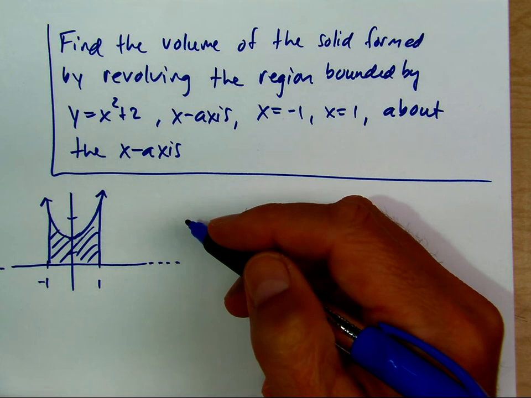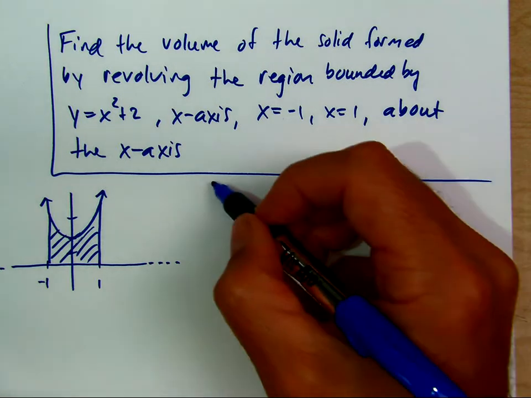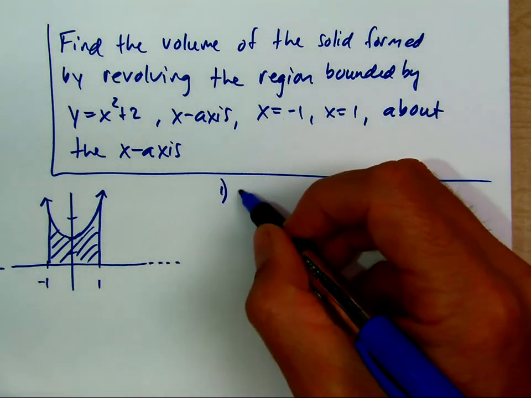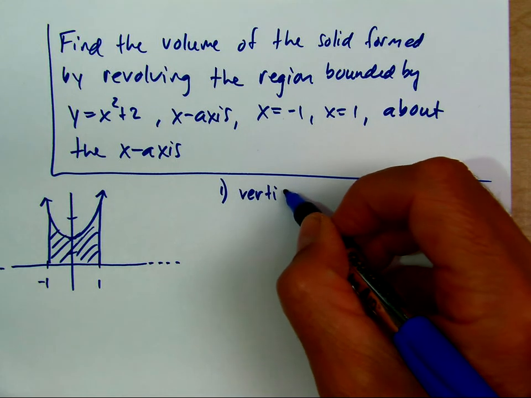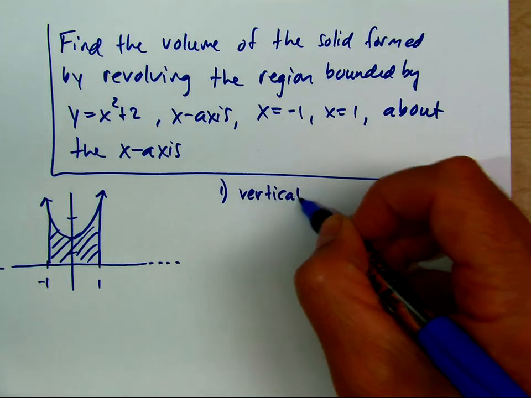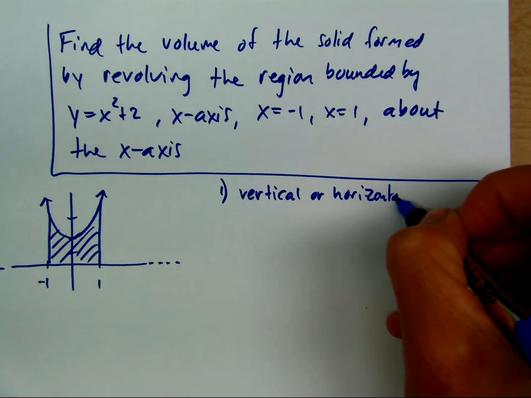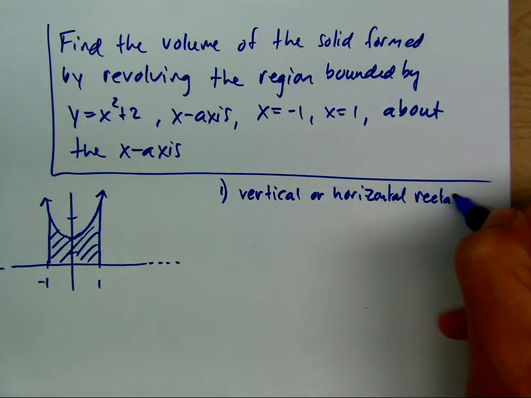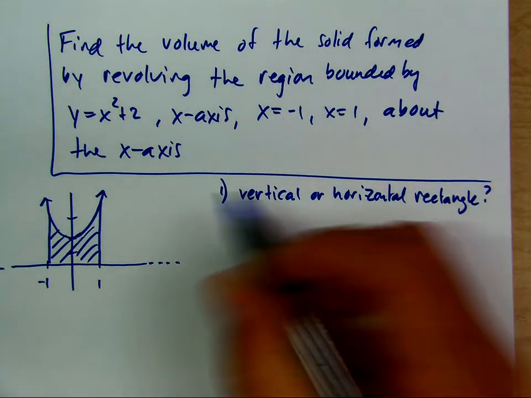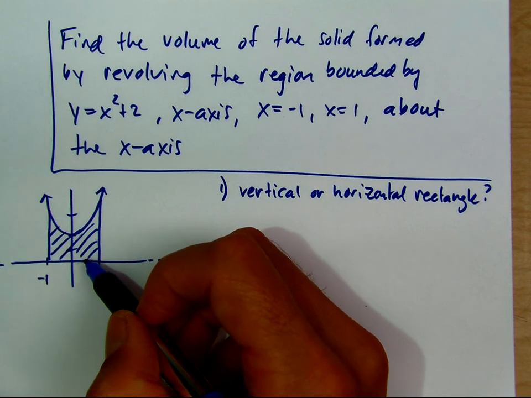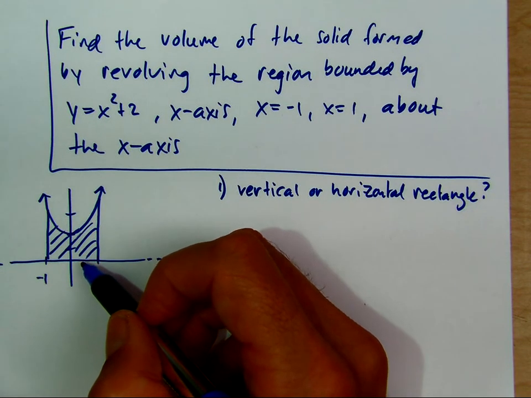Are we going to use a vertical or horizontal rectangle? I would say always use a vertical rectangle if possible.